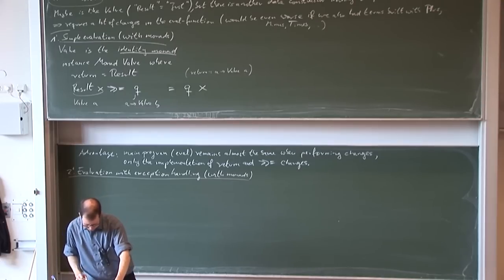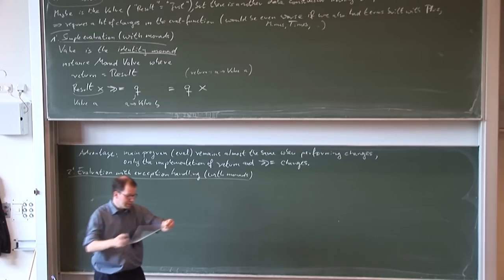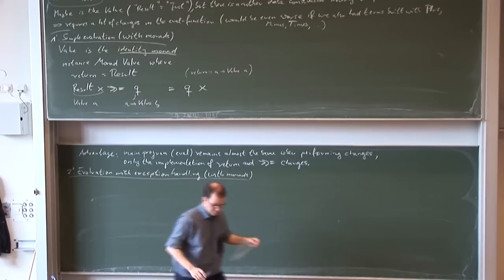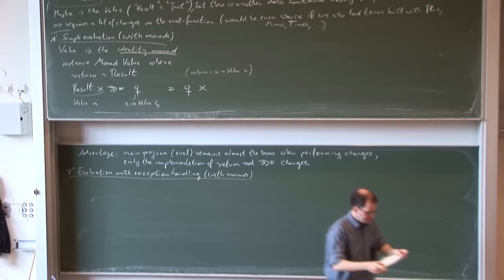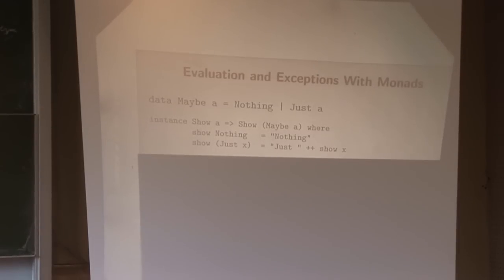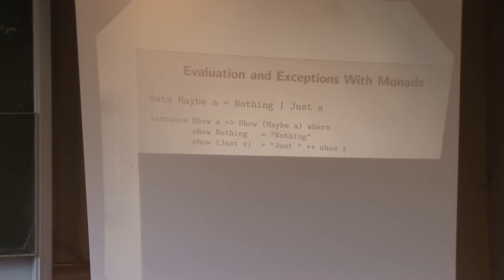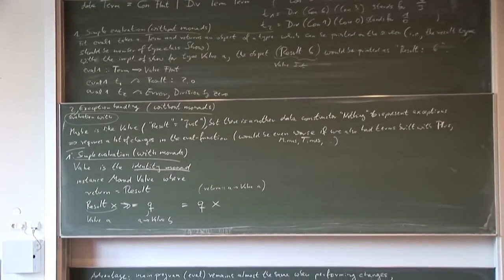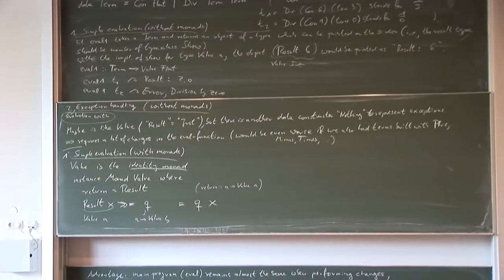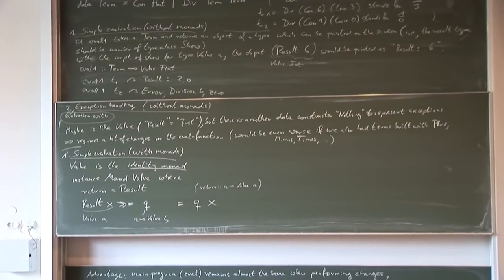Well, we had this data type. It was defined like this. So this was the data type maybe, and it looked like value. The only difference was you had this additional data constructor, nothing, to depict errors. And now to deal with monads, maybe should also be a monad. So this is the error monad or exception monad.